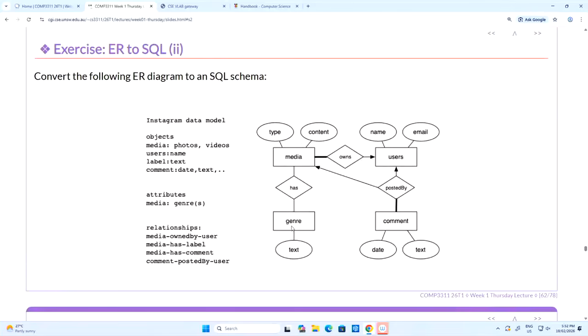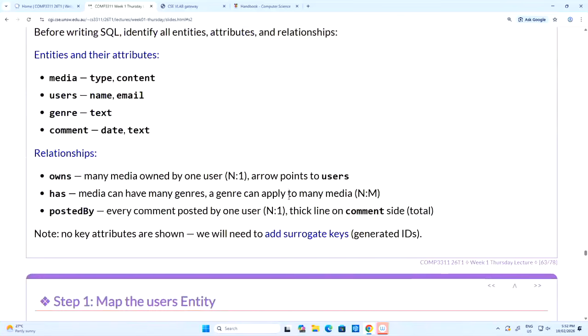What's most important is how we model these relationships. So has is a many-to-many relationship, which deserves its own table. Owns is a one-to-many relationship, so we can probably use a foreign key to handle that. And the same thing with posted by, it is a one-to-many relationship. We can probably handle that using a foreign key.